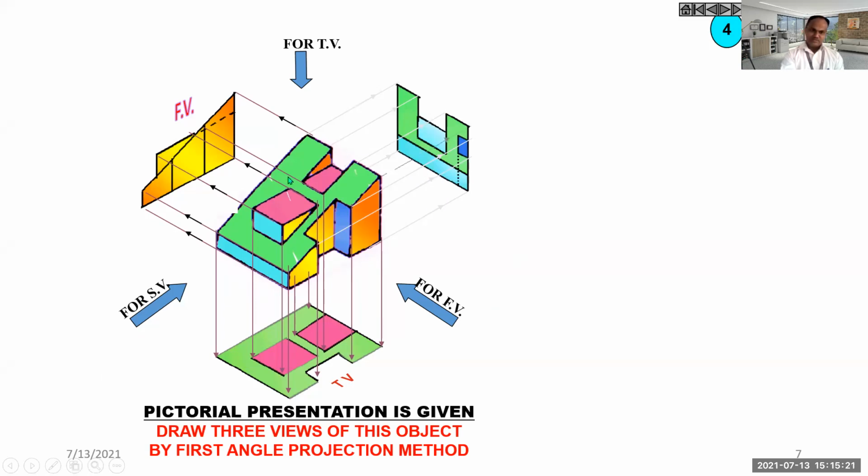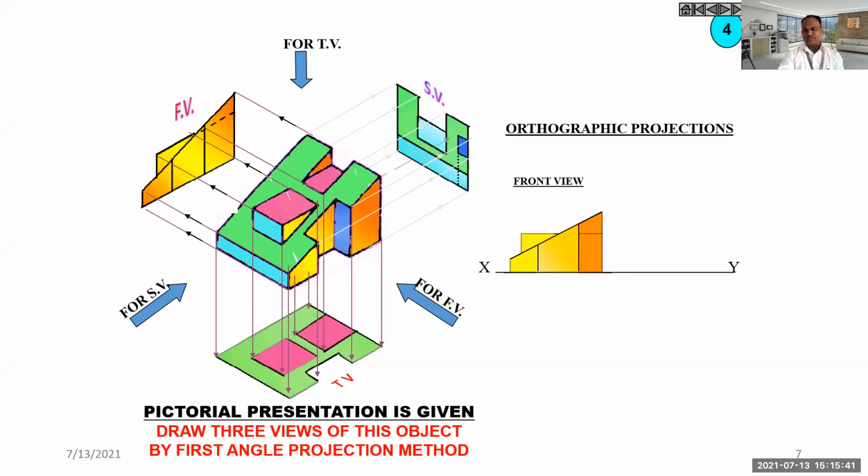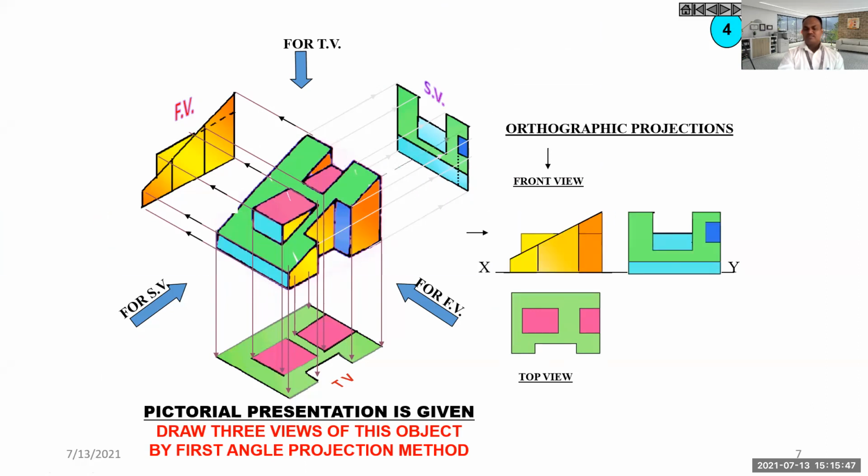In side view, this portion is shown here. ये छोटा वाला rectangular portion. Then यहाँ पे that will be a complete rectangular portion, and this dotted line is been shown. ये dotted line आपको दिखेगा. So this is your side view or LHS side view of that particular object. So this is front view, this is top view, and this is side view.